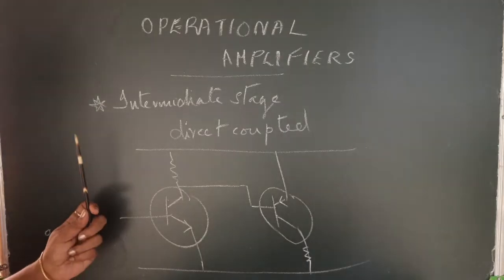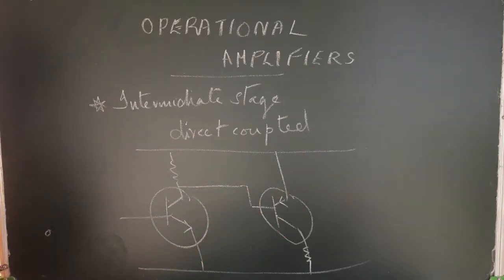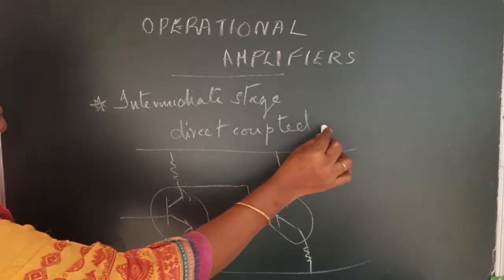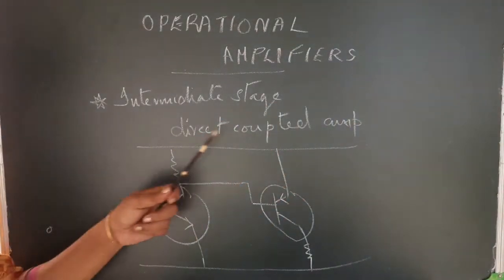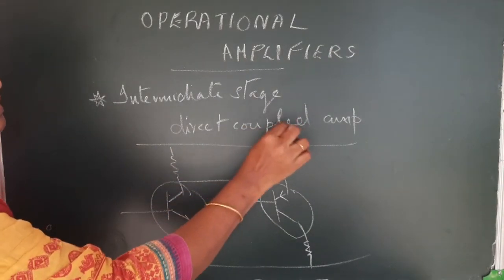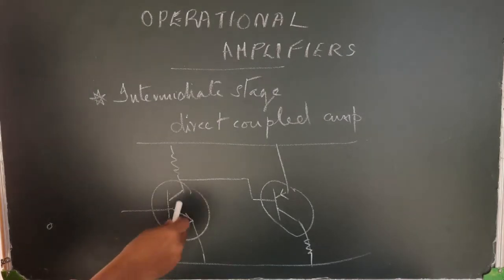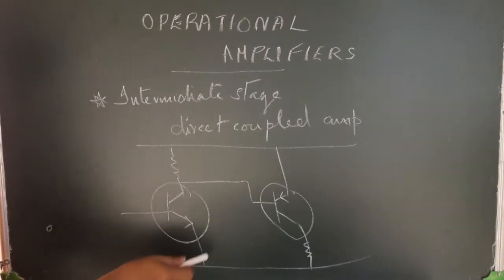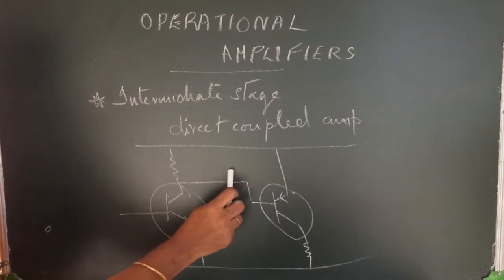Now, the next point is, it is a direct coupled amplifier. That is, the intermediate stages of an op-amp are direct coupled. What do you mean by direct coupling? One stage of amplifier is connected to the next stage directly.